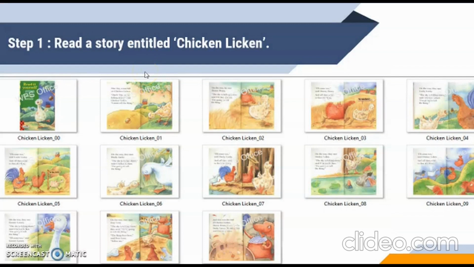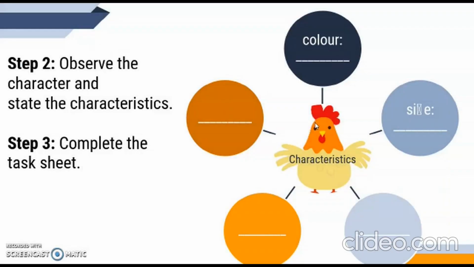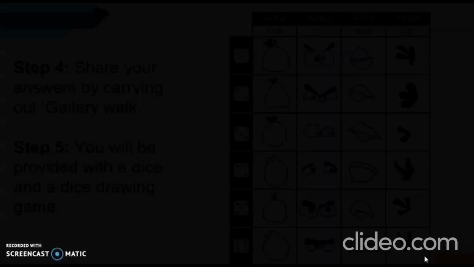The learners are going to start with reading a story entitled Chicken Licken, followed by observing the characters and stating their characteristics. We have provided them with a task sheet in which they have to complete, for example, the color, the size, and anything about the character in the story.